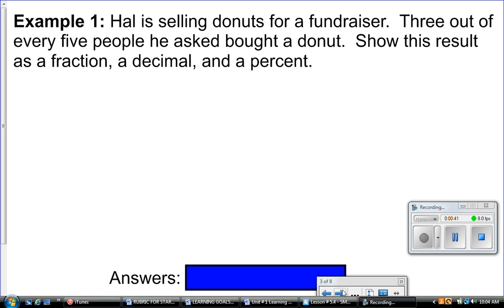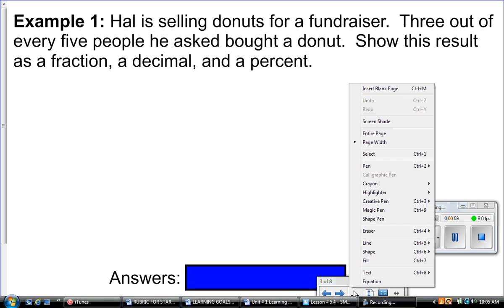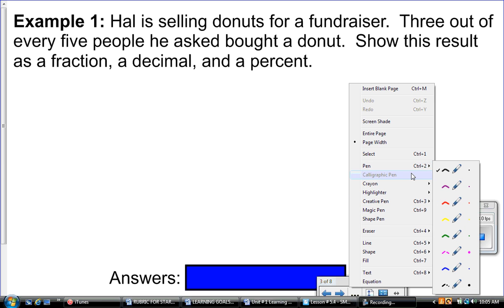Example number 1. Hal is selling donuts for a fundraiser. 3 out of every 5 people he asked bought a donut. Show this result as a fraction, a decimal, and a percent. So let me just get my pen ready.